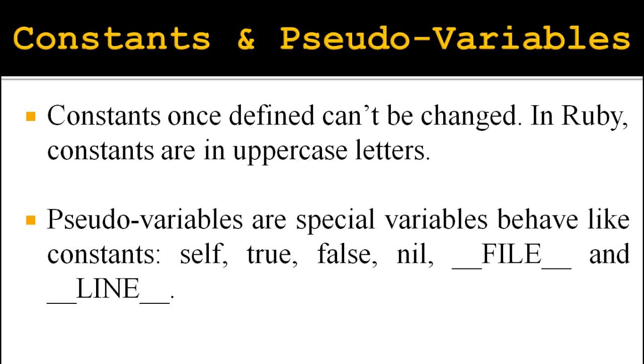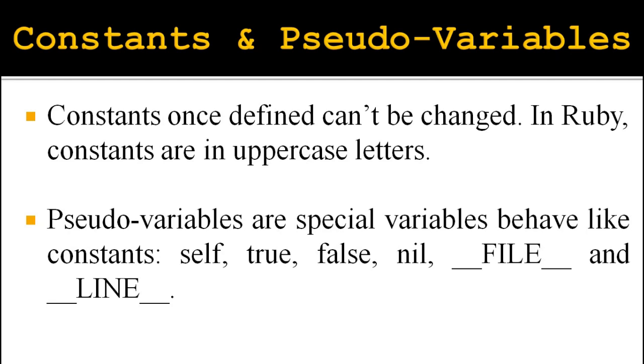For these variables you cannot assign any values. Those are self, true, false, nil, double underscore FILE double underscore, and double underscore LINE double underscore. These are the various pseudo variables.